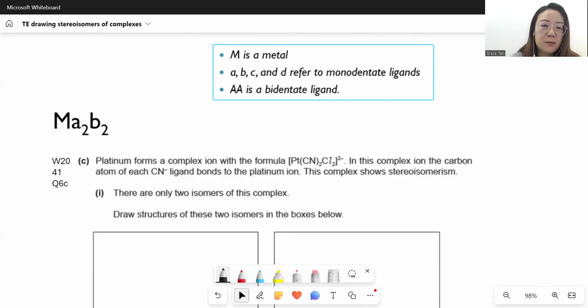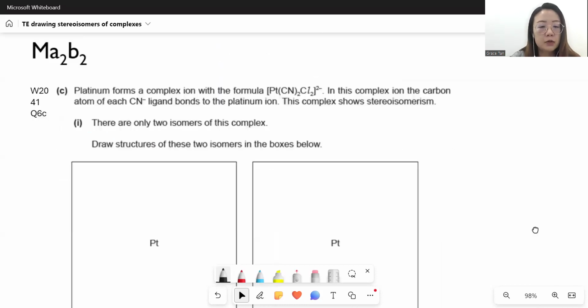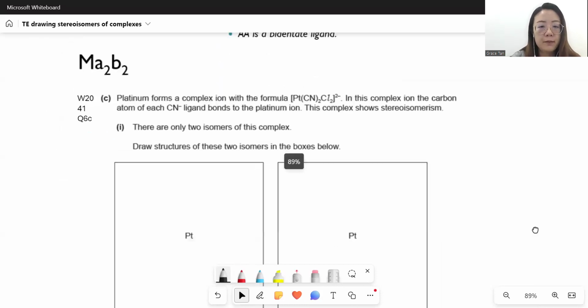Now, capital B means it's a different bidentate, all right? Now, the first one I'm going to cover is cis-trans, quite basic, okay? A2B2. It means that you got 2 monodentate of type A and 2 monodentate of type B. That means A and B both are monodentate but different type. So I'm going to take your actual past-year question here to draw the complex, okay?